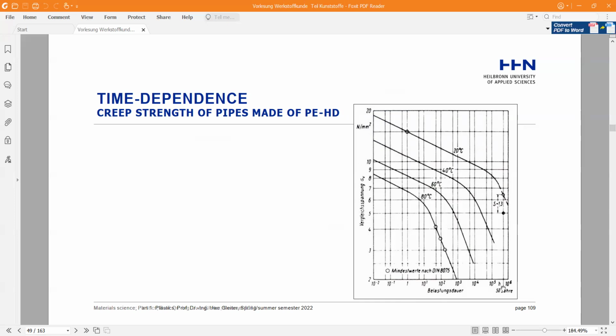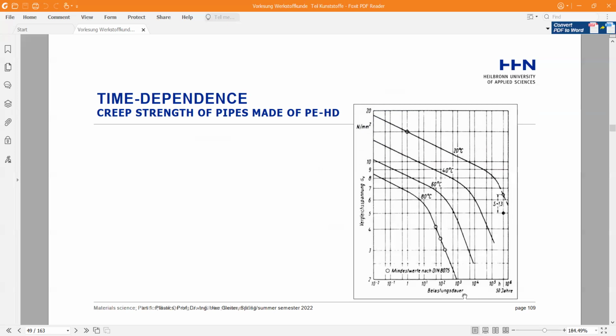So we have the time of load measured in years, and next we have tensile strength for different pipes, so this is the highest temperature for water.